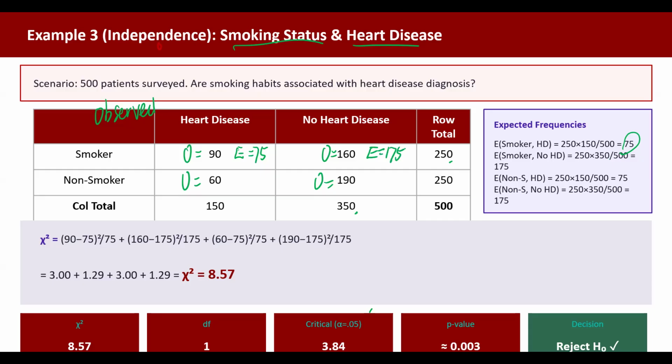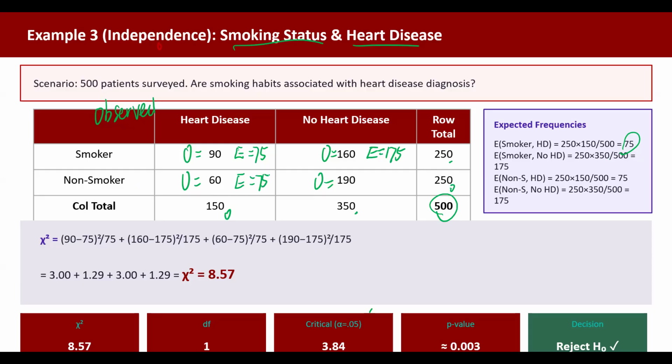And then the expected frequency for the third one, which is non-smokers with heart disease, we do 250 times 150 divided by 500. And that turned out to be 75. So again, this is 75.